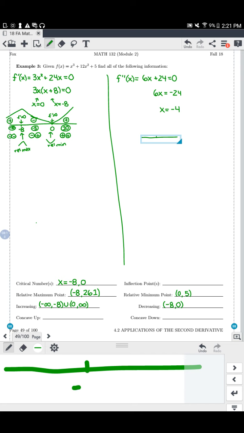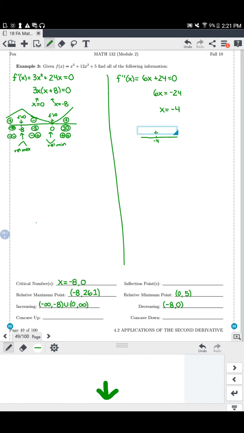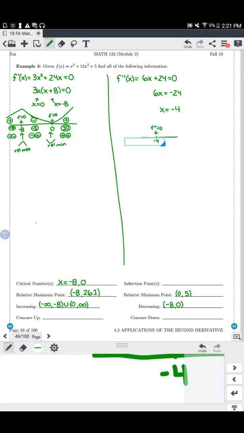So I have my sign chart here, my important number that's included on the intervals about concavity, and this is my possible point of inflection. Negative 4 is special because it makes f double prime 0. So I can test any number to the left of negative 4. Maybe you want to plug in negative 5. I'm going to plug in negative 10. And since I want concavity, I need the sign of the second derivative.